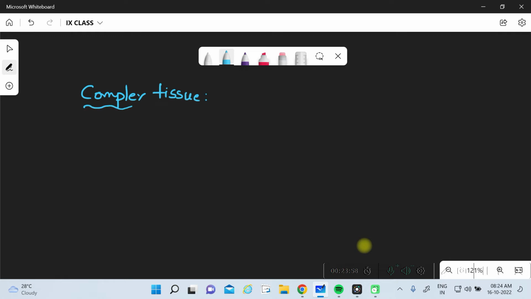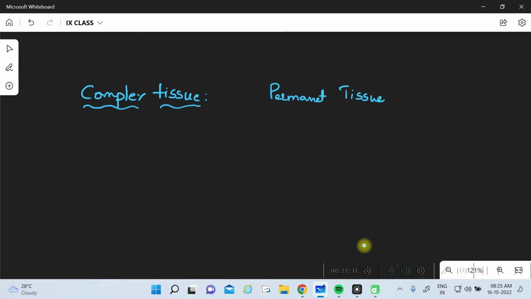Because I have already told you the definition of complex tissue. Made from different types of cells. Okay, you have given one distinguishing feature. First of all, a complex tissue is a permanent tissue.